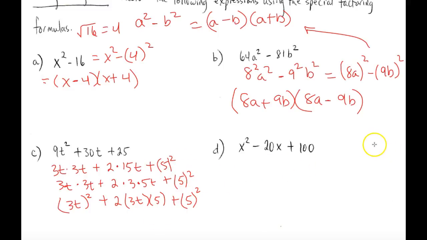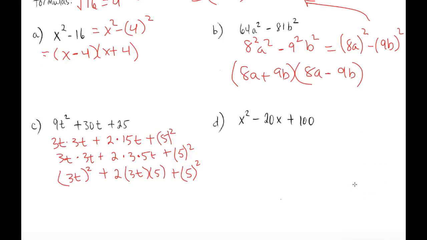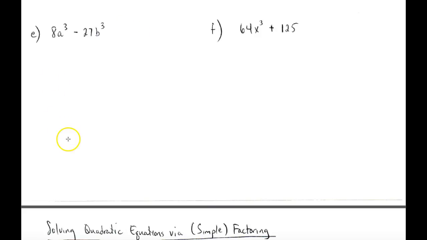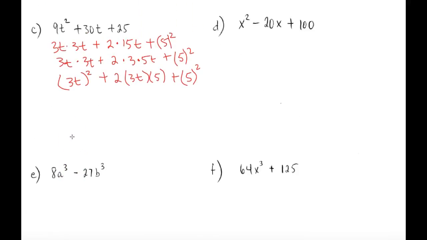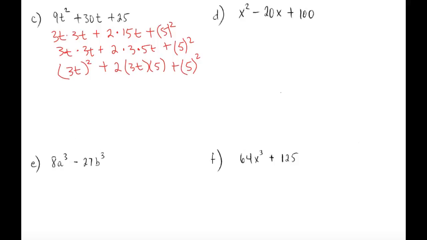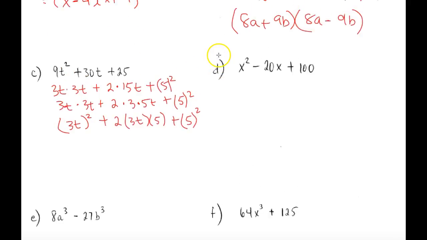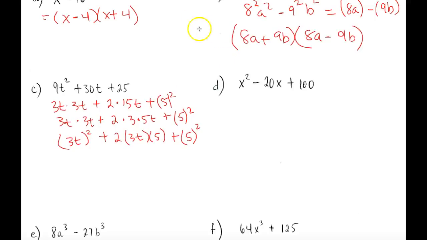Then if you notice, this sort of fits the profile of, go back, sorry about that. This will fit the profile of a squared plus 2ab plus b squared, where in this case the a is going to be 3t and the b is going to be 5.